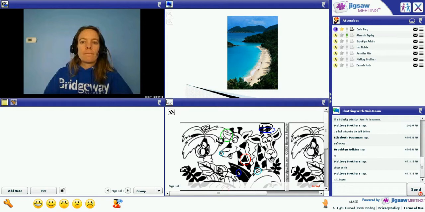Feeling the waves. All right. Good job. The waves. That's a good observation. And for our last observation, Ian, why don't you make an observation about the picture on the screen?